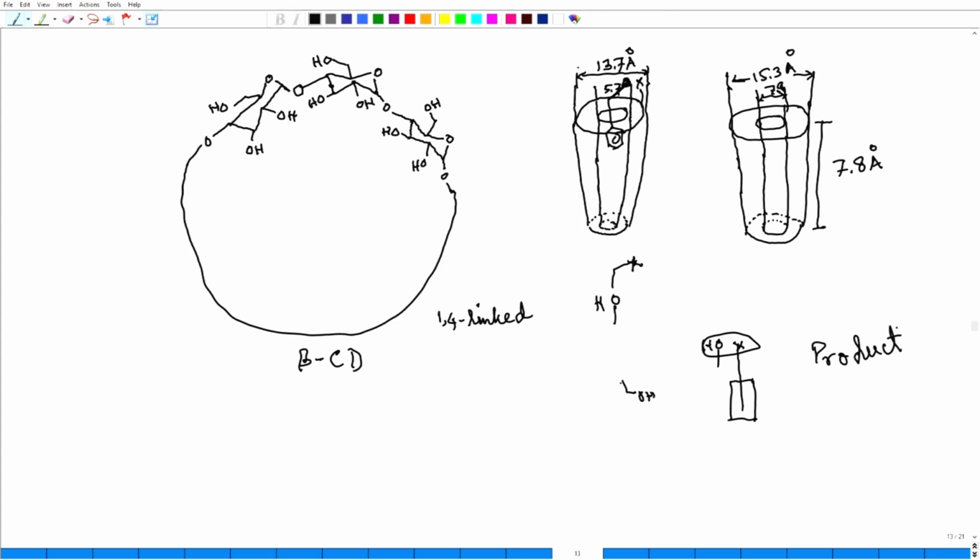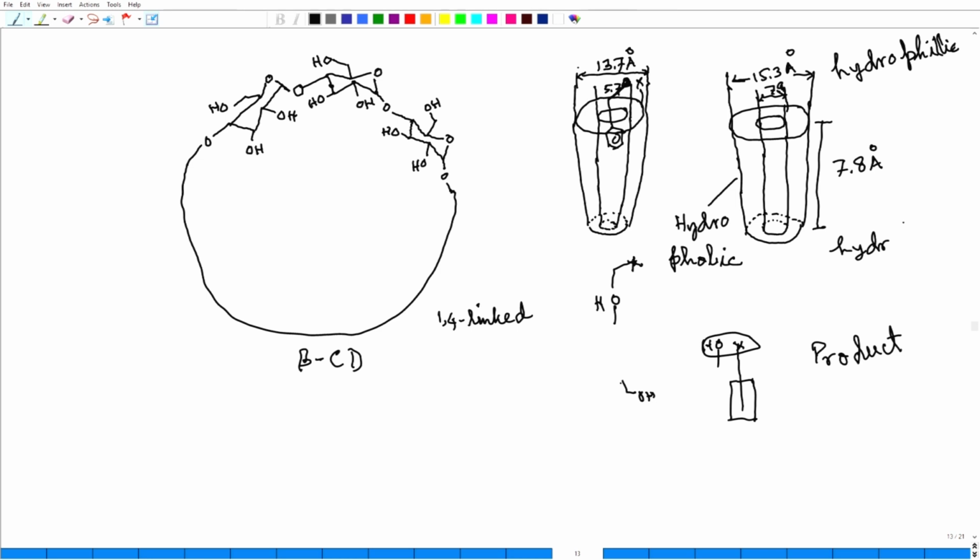This is one example. There are many examples with cyclodextrin, I will try to do. So, this is a hydrophobic interior, and at the ends it is hydrophilic.